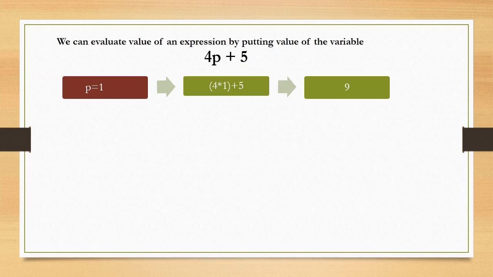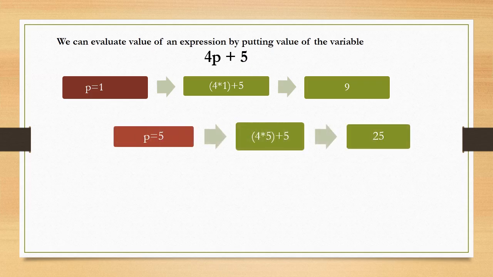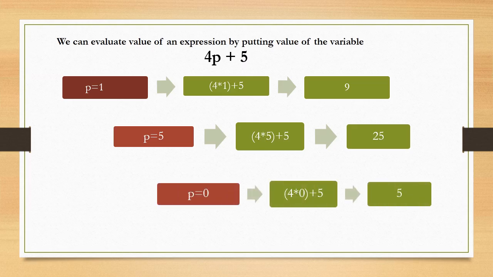That means if I put 1 instead of p, I will get 9 as the value of the expression. Suppose I take p equal to 5. That means 4 into 5 is 20 plus 5. I will get 25 as the value of the expression. And for p equal to 0, I will get 5 as the value of the expression.